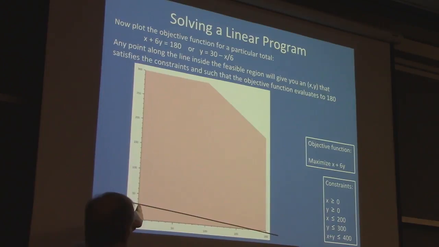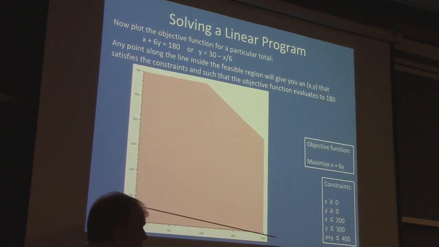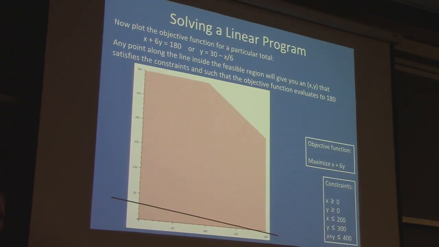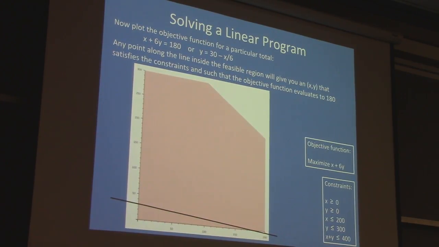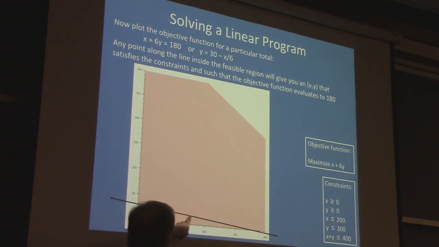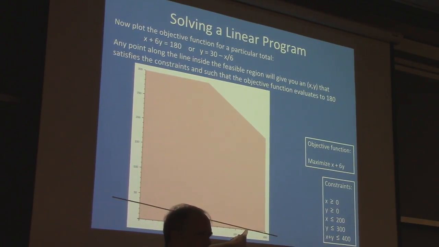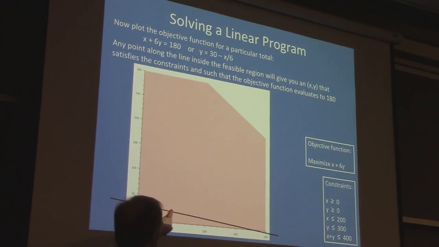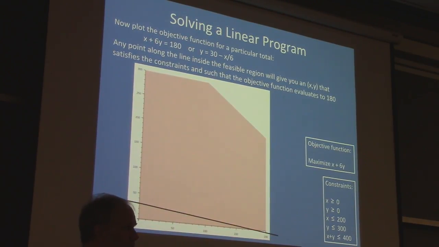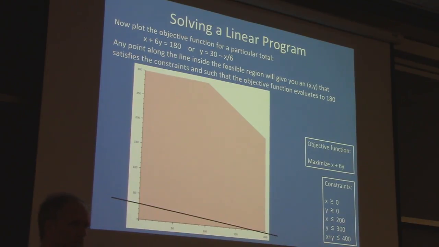So you get this thing that crosses at 30 and has slope, whatever that is, 1/6 or minus 1/6, I forget. Every point on this line that's inside the feasible region, the objective function there has a value of 180. So is that the best we can do, 180?